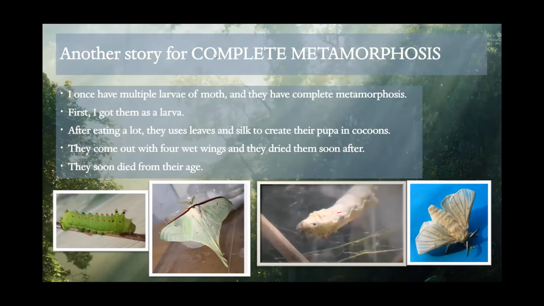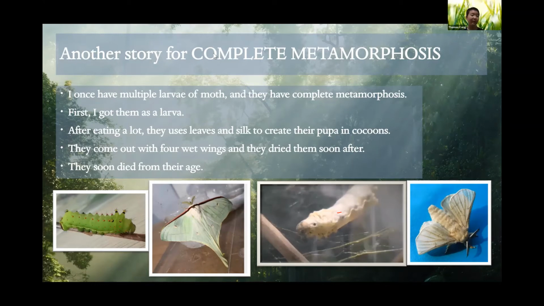First, I got them as larvae, so they look green at first, and then they grow bigger when they eat more. They both eat leaves. That means they need to eat a lot, because leaves do not contain a lot of nutrition.